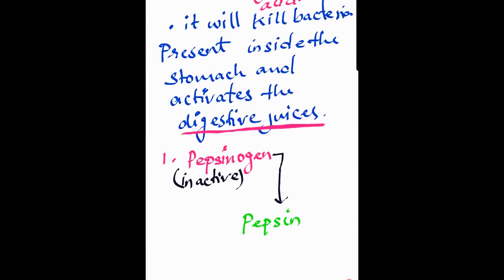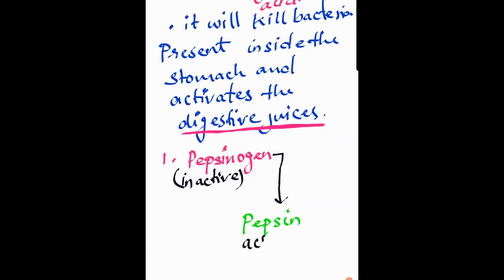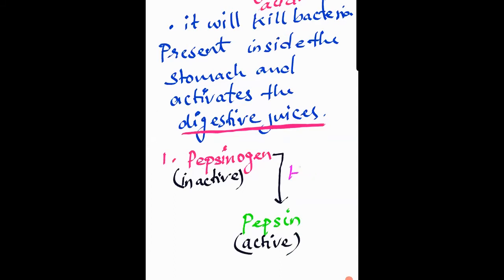Green color is visible. No, it will not completely burn; we have that protection there. So pepsin is the active form, and this conversion will take place by HCl. Okay, understood.